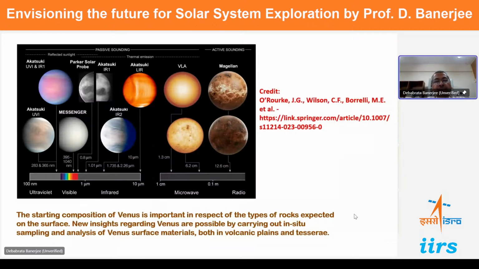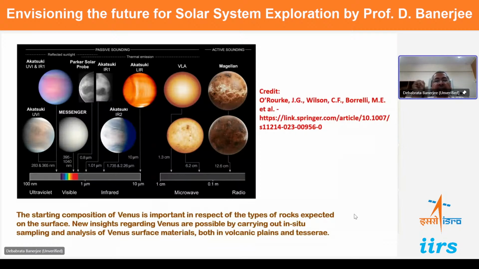And now one important thing which I'll emphasize, and from various missions, you can see that many missions have looked at different windows. So the starting composition of Venus is important in respect of the rocks.